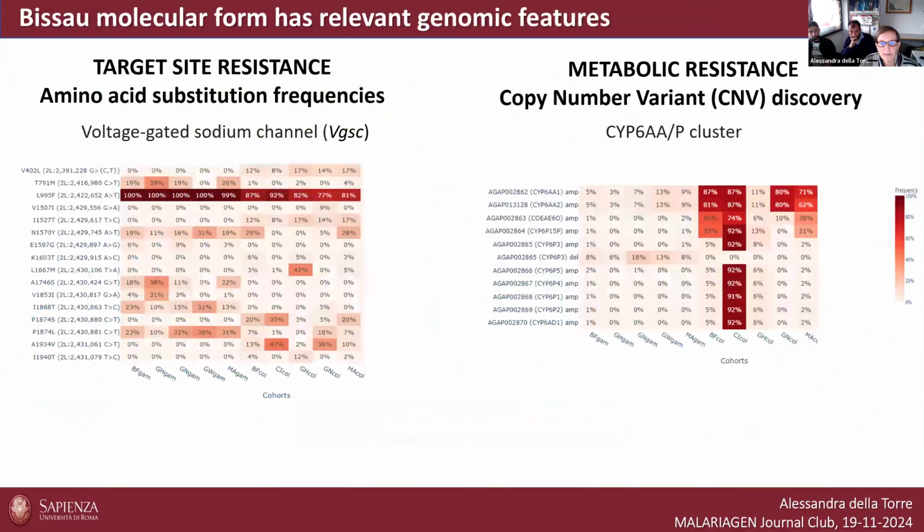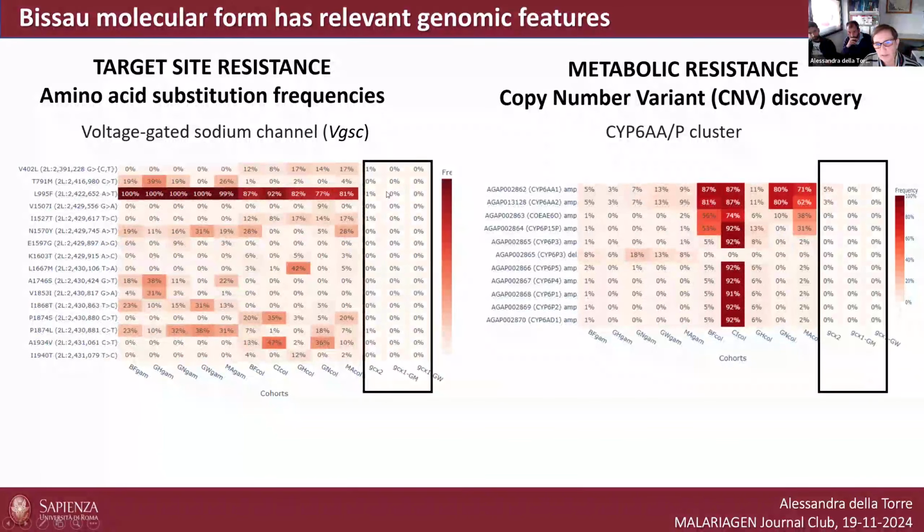We cannot say much more on this because we don't know anything about the biology of this new molecular form, but in fact we can say something more, by analyzing the main genomic signatures of insecticide resistance in Anopheles gambiae and Anopheles coluzzii populations available to the Vector Observatory, where the frequency of the KDR mutation and copy number variants are summarized in the different populations.